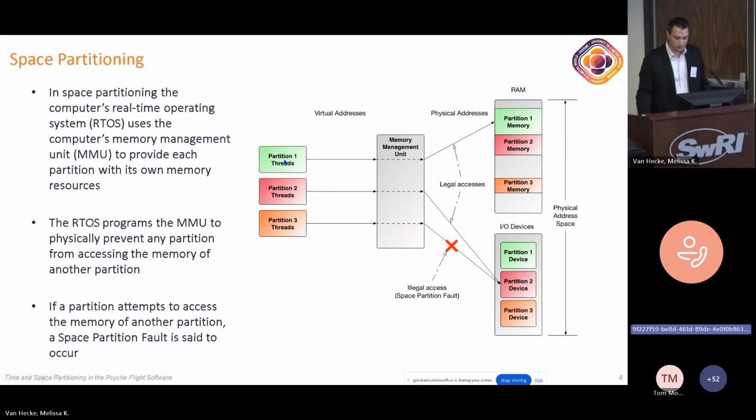Partition 1 accesses its own memory. That's fine. Partition 2 also accesses its own memory. That's a legal access. But partition 3 tries to access partition 2's memory space. The MMU catches that. That is an illegal access. And in time and space partitioning parlance, that's called a space partitioning fault.